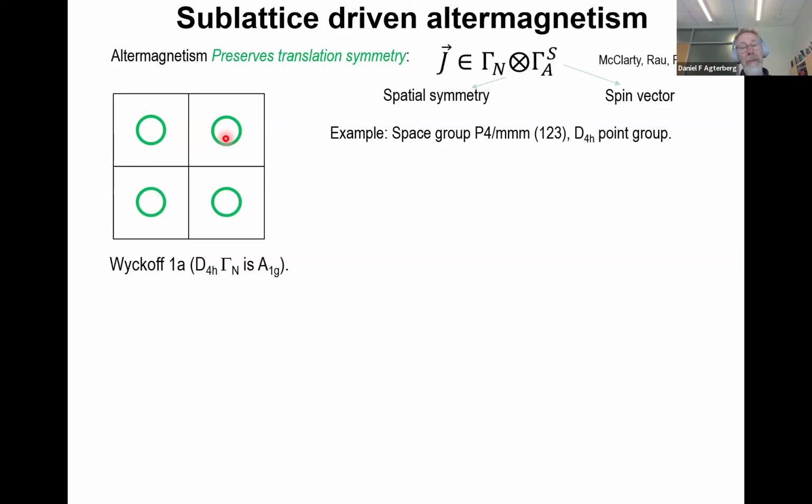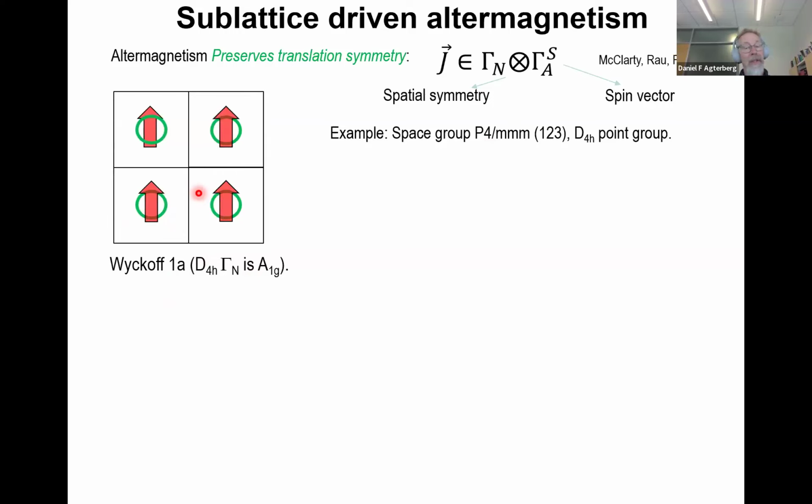And now I'm going to impose magnetic order on this, but that magnetic order has to preserve translation symmetry. And in fact, there's only one possibility. That possibility is ferromagnetism. And that ferromagnetism is unchanged under all spatial rotations. And so this irreducible representation of the point group is the identity, the A1g irreducible representation.